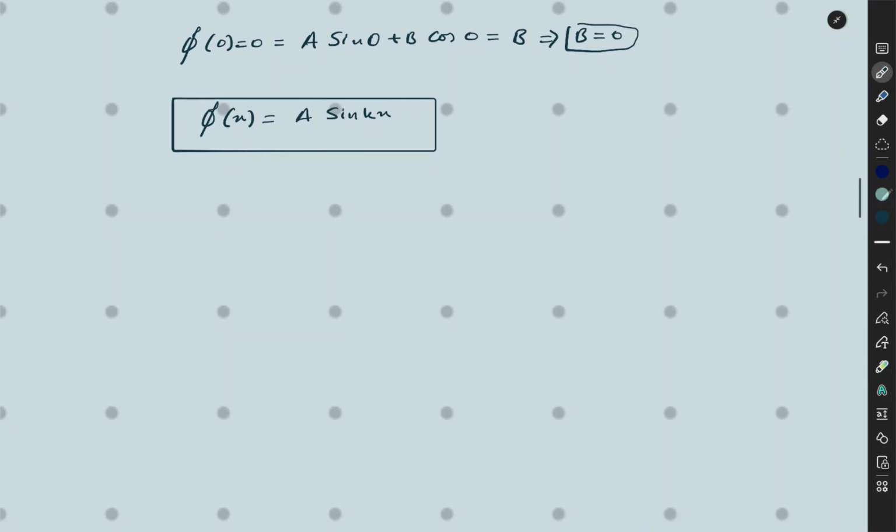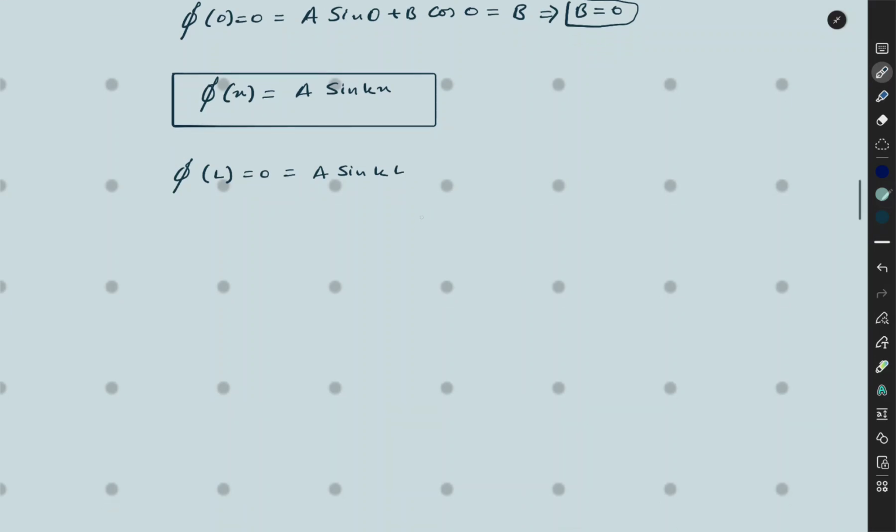Now if we apply our second boundary condition, that is phi of L equal to 0, we get A sin kL equal to 0.